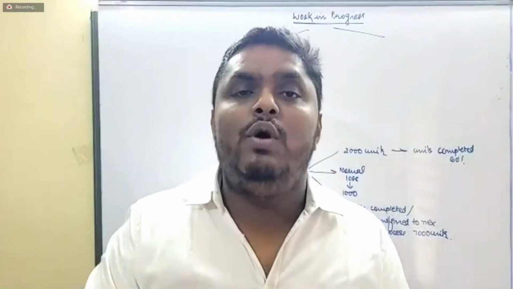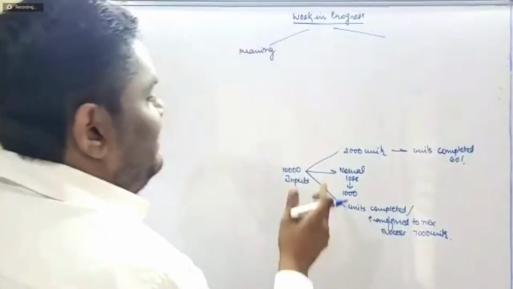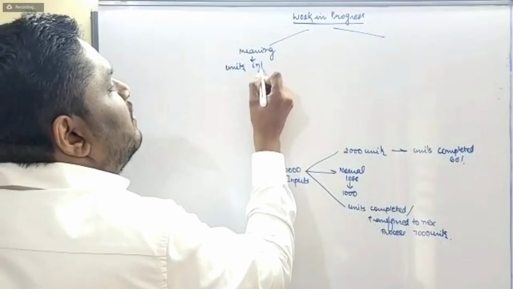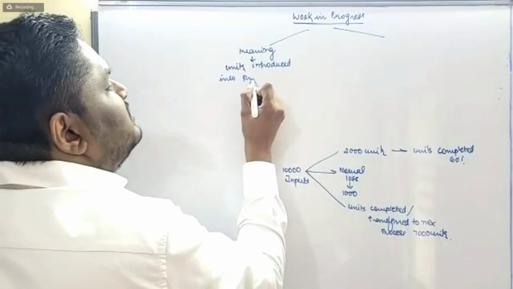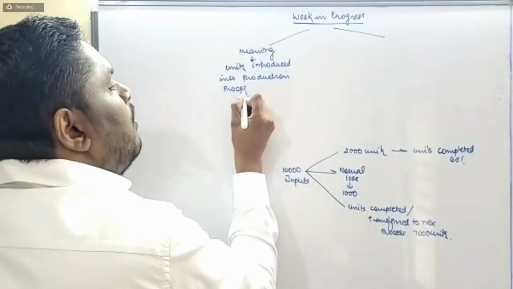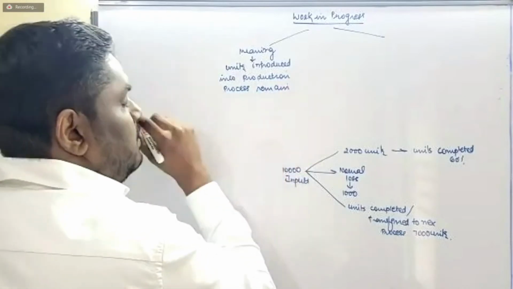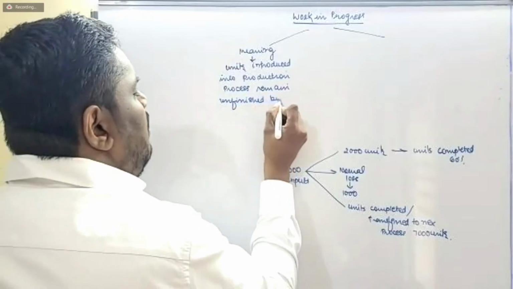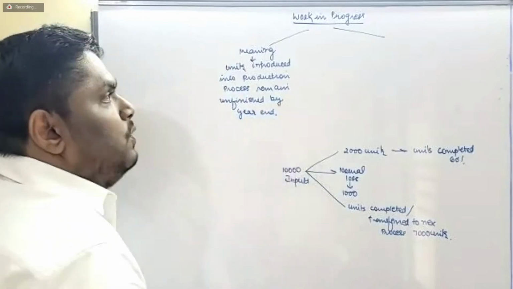Units introduced into the production process but remaining unfinished by year end is work in progress.